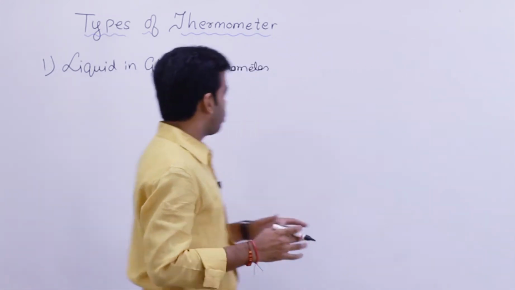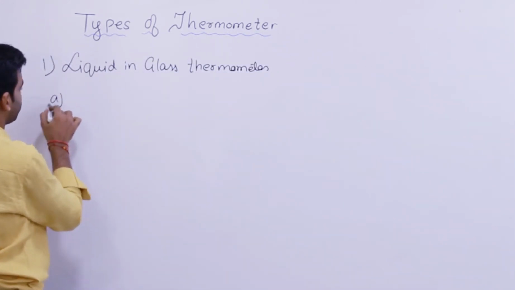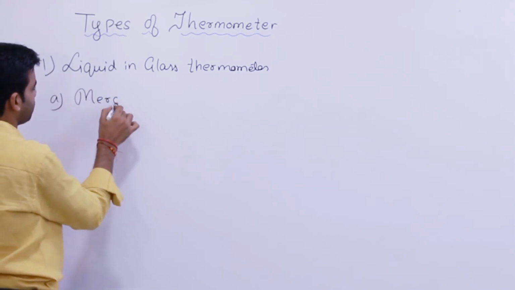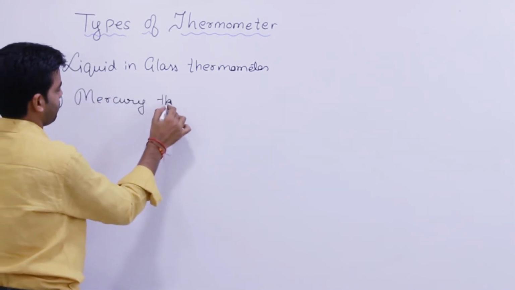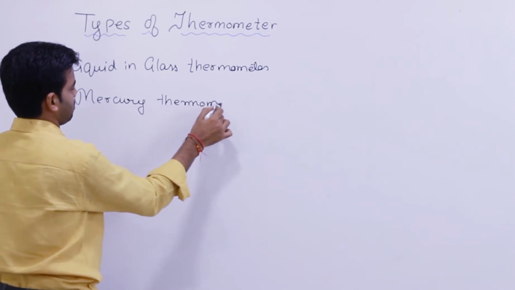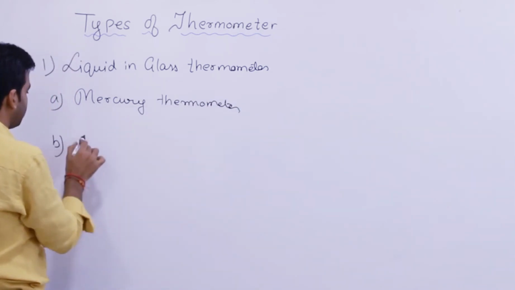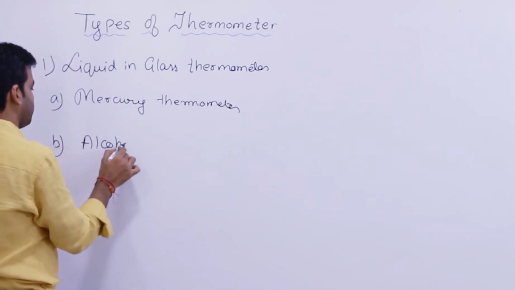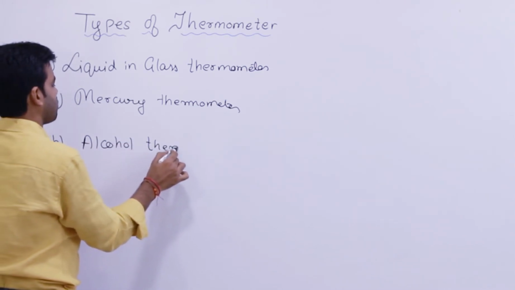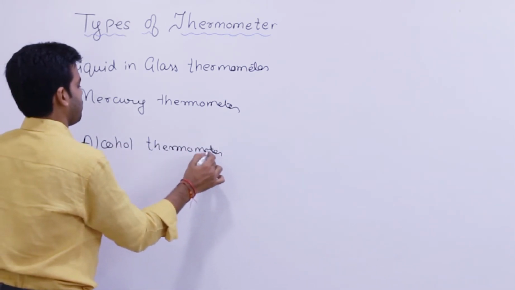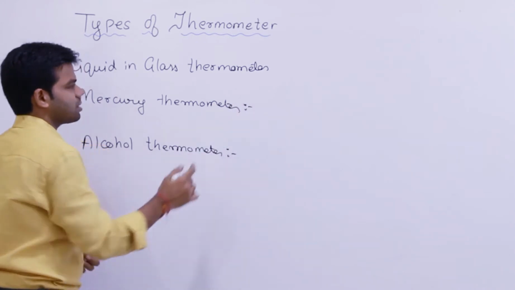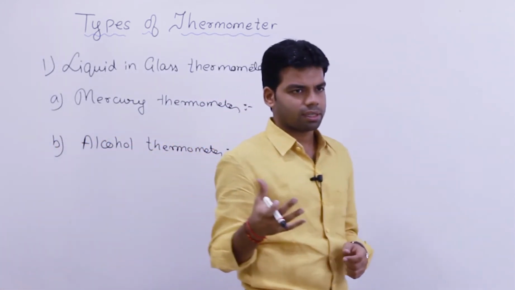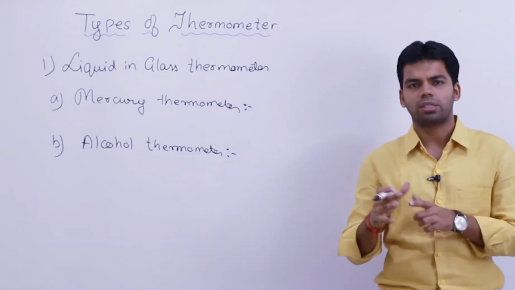These can be classified into, first, the mercury thermometer, and second, the alcohol thermometer. Mercury thermometer means the liquid used inside the glass is mercury, and alcohol thermometer means the liquid used is alcohol.